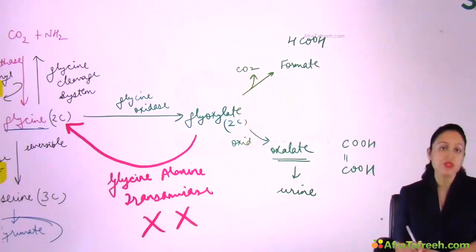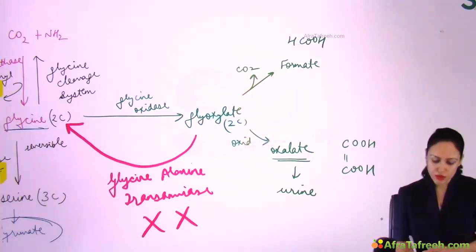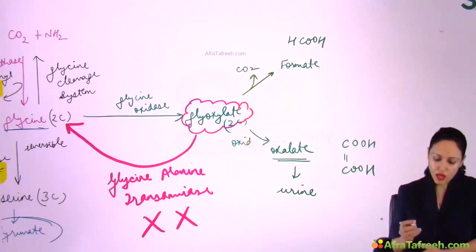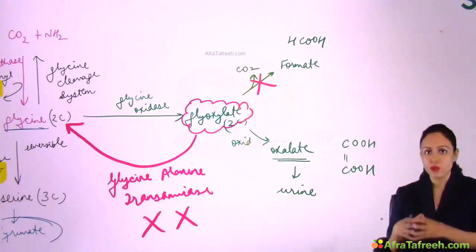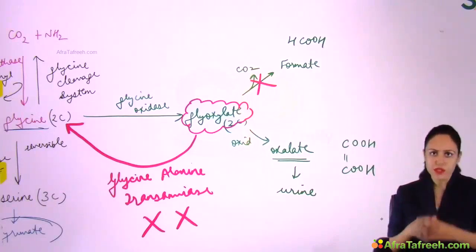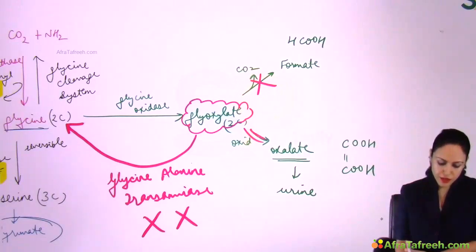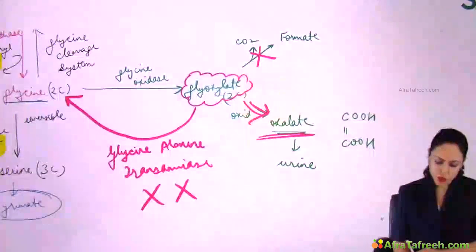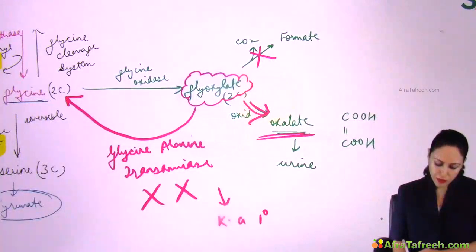If this enzyme is deficient, glyoxylate cannot be converted to glycine. Along with this enzyme deficiency, there is a defect of glyoxylate to formate conversion. Then you can see here that excess of glyoxylate will be forming excess of oxalate, and this is known as primary hyperoxaluria.